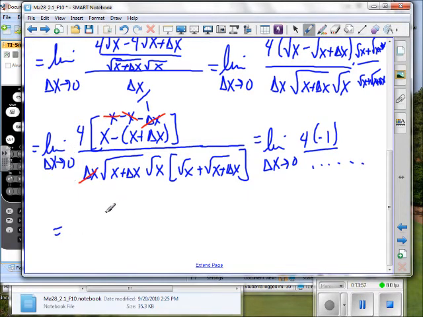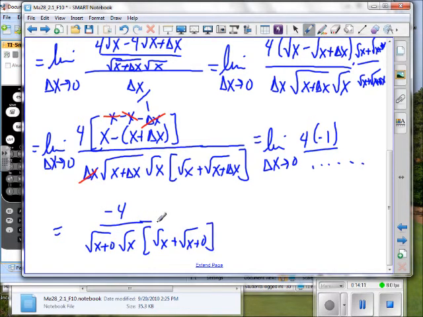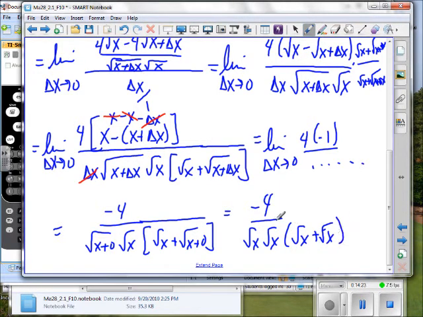So now, if I can use direct substitution, do I still write this? No, absolutely not. So I end up with negative 4 divided by the square root of, I'm going to put this in just in case anyone wants to look up and see it. More simply, I've got the square root of x times the square root of x times the quantity square root of x plus square root of x.